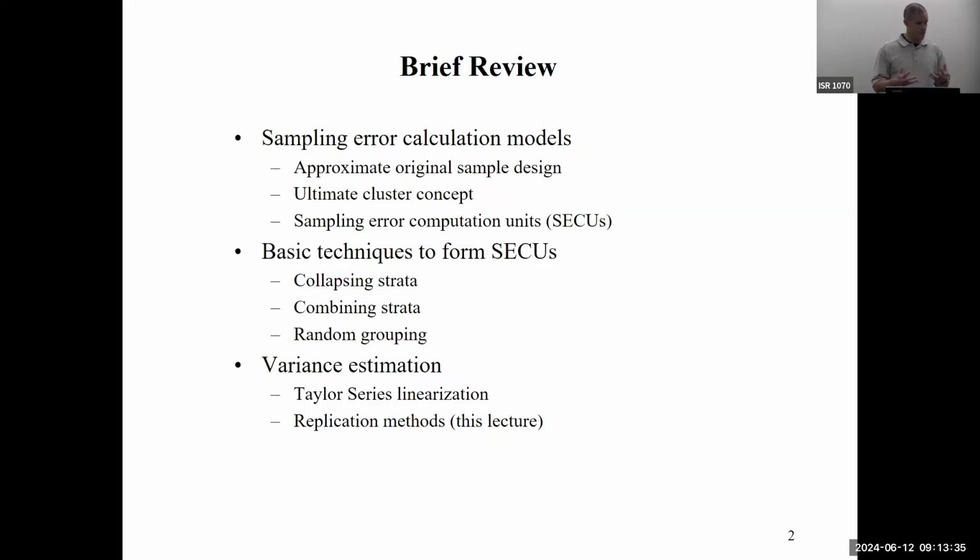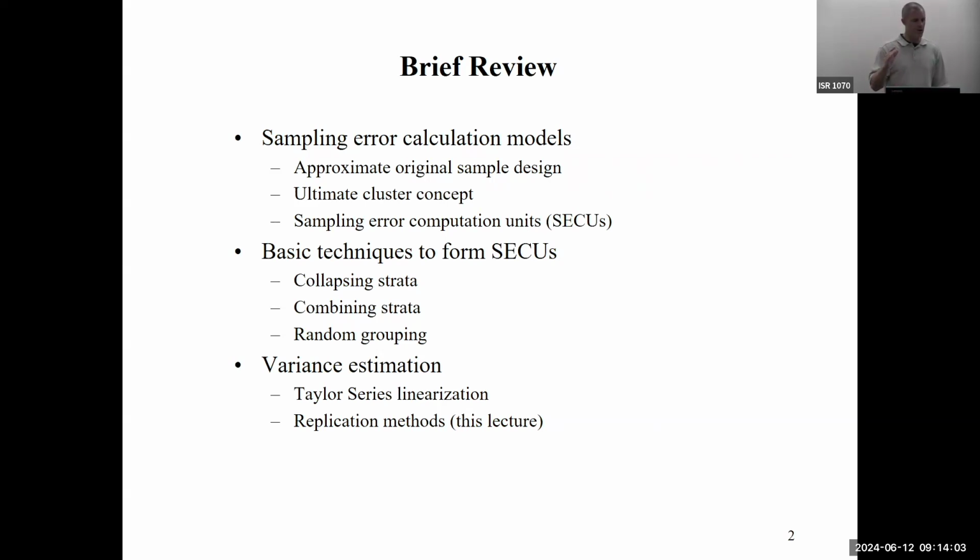That's an approximation of the sample design that gives rise to the codes that you see in the data set, the stratum codes, the cluster codes, enabling variance estimation. We talked about the idea of ultimate clusters and how sampling error computation units get formed based on those ultimate clusters by collapsing, by combining, by random groups, all that stuff that goes on behind the scenes before you actually see the data set.